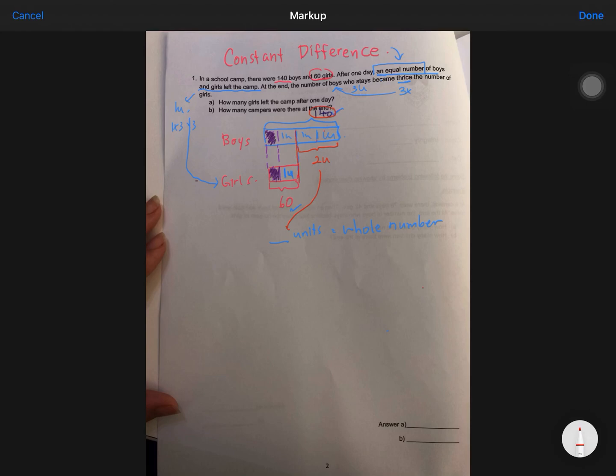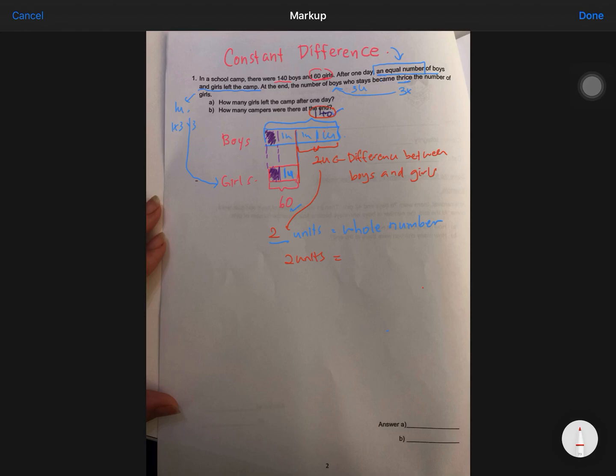So these 2 units are the difference between the boys and girls.